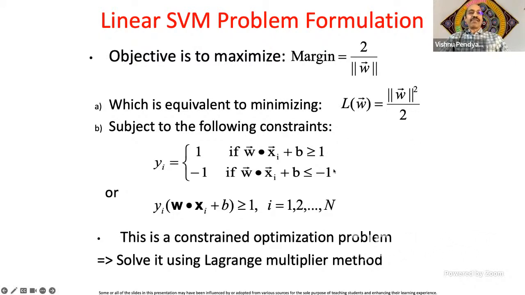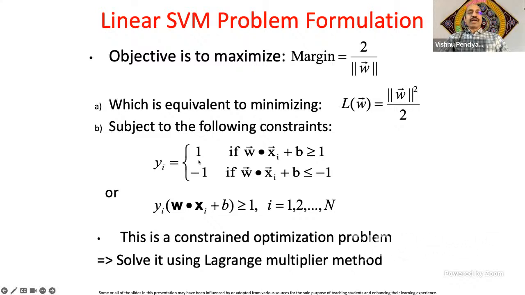The constraints we have are wx plus b greater than or equal to 1, and wx plus b less than or equal to -1 for these classes. Now, these two inequalities can be easily combined into one inequality. Why is that so? You just substitute the values into this.